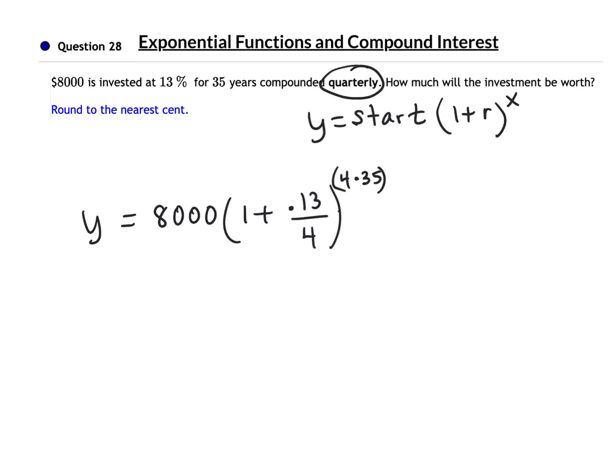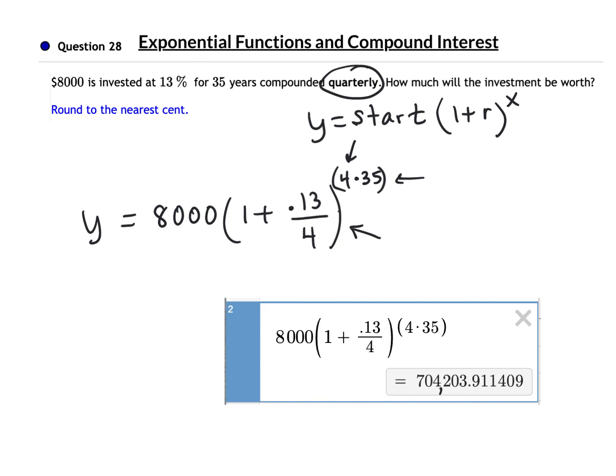Dividing by 4 turns this into quarters, and we have to go to the power of 4 so that up above our exponent represents the number of quarters in 35 years. This ends up being $704,203.91.